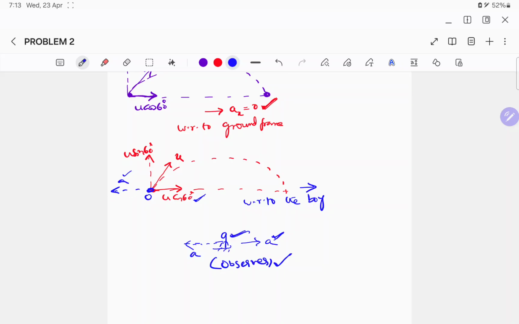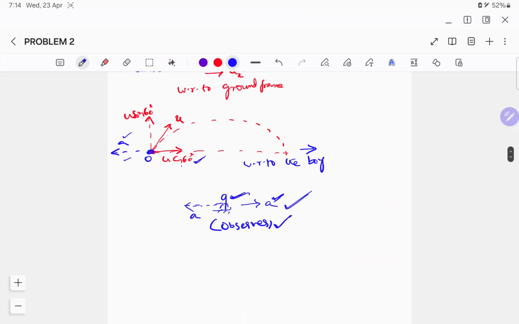This is the biggest hint that the boy feels there is a retardation along the horizontal direction, because the velocity vector and acceleration vector are in opposite directions. So it is enough to use the formula S is equal to ut plus half at square, relative to the boy.